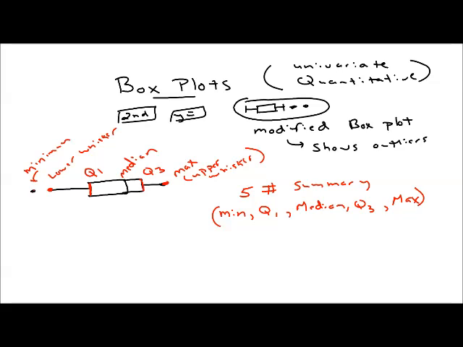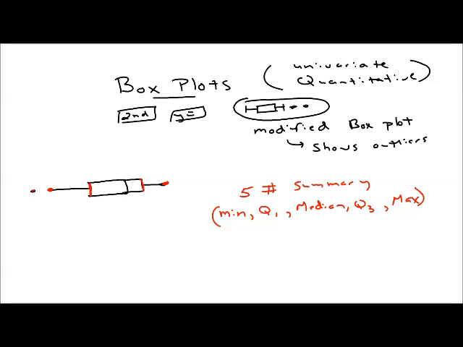Now, also what we need to talk about is, let me erase this here. We do call them quartiles for a reason. A box plot is broken up into 4 parts.